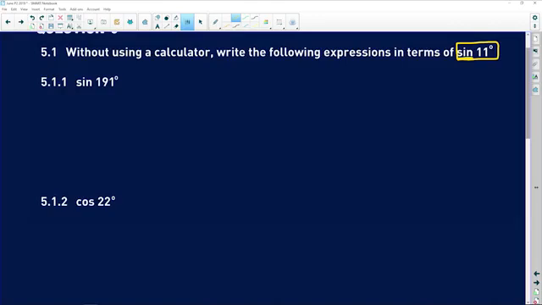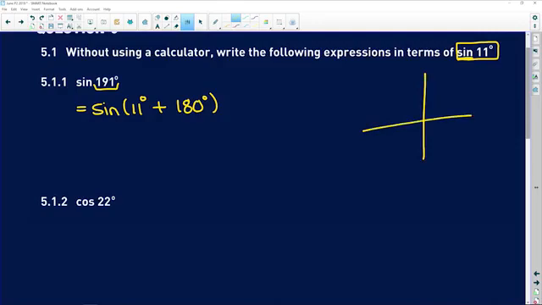Okay, so 5.1.1 says sine of 191 degrees. Okay, so when you do this kind of thing, guys, you want to try and express this 191 degrees in terms of 11. So if I say sine of 11 degrees, how do I get from 11 to 191? I add 180 degrees. Okay, this is easy peasy.